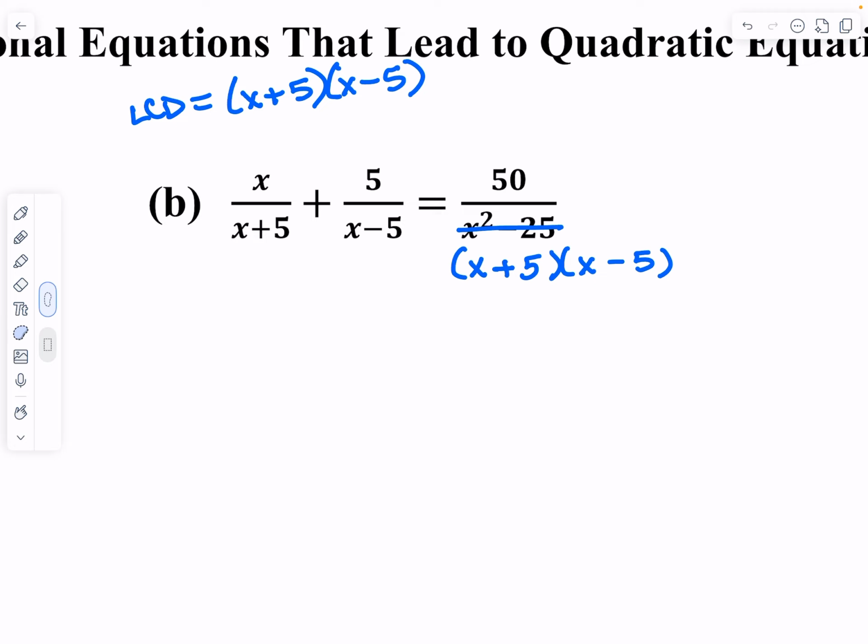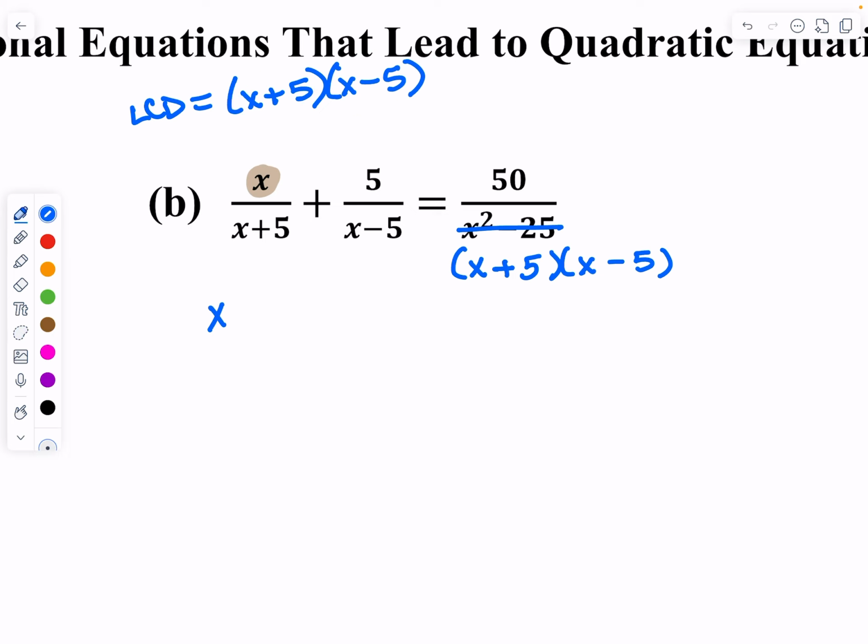Then I can go ahead and multiply each piece by that, or I can use my shortcut. Remember, your shortcut is write down your x, whatever is on the top, and then look at your least common denominator. I already have an x plus 5, right? So what I'm missing is my x minus 5.